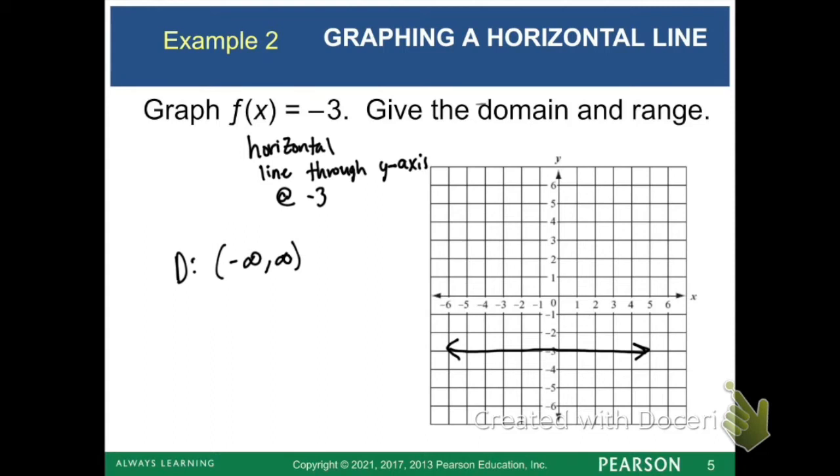So here's my graph, just a horizontal line through negative 3. My domain is going to be negative infinity to infinity because my arrows are going forever to the left and the right. My range, however, is only going to be negative 3. So if we look at our y-axis, the only number that's used that's covered by our graph is negative 3.